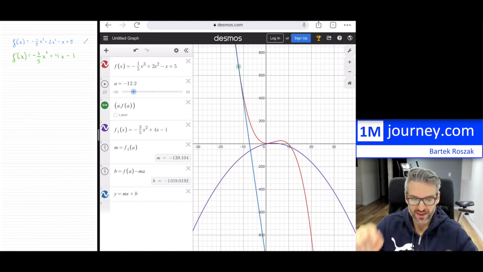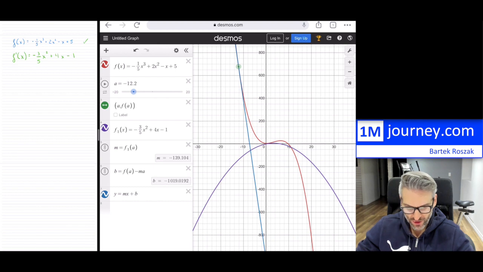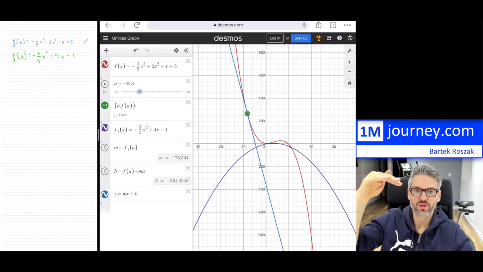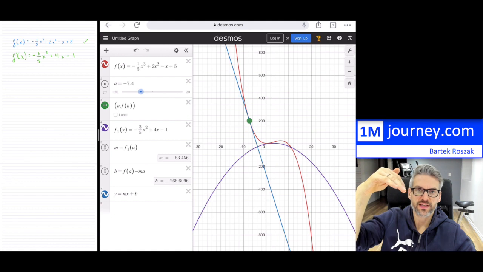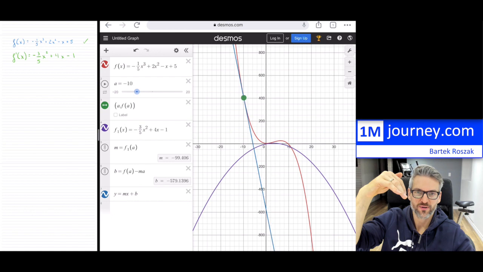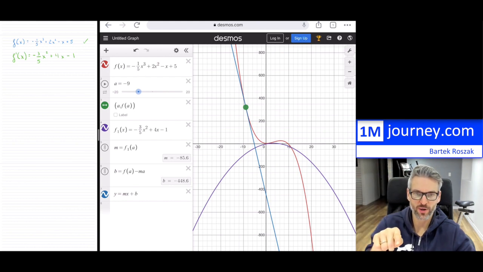So the slope gets steeper and steeper, and as I come down right here, the slope slowly loses its steepness. So it's less steep here than if I go all the way here. Here it's just getting steeper, steeper, steeper, and now it's getting less steep, but it's still all negative. And notice that the purple line is indeed just shifting over.